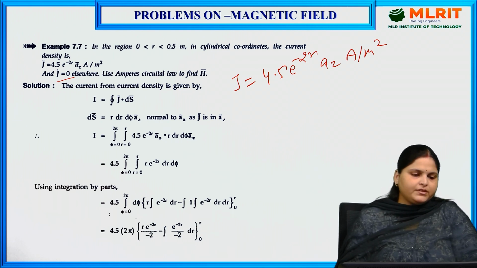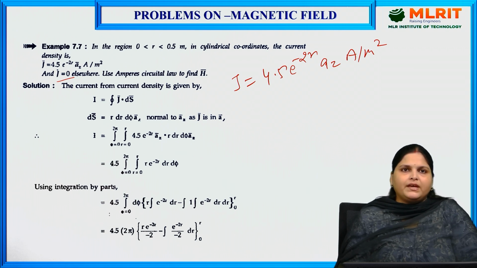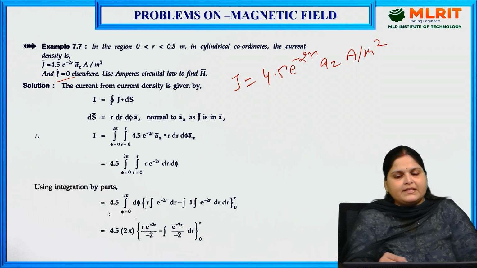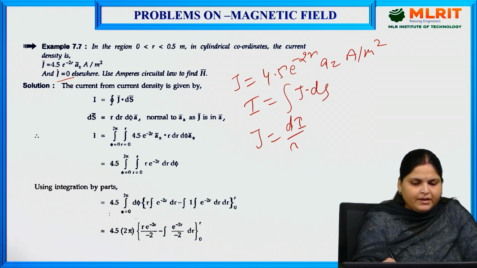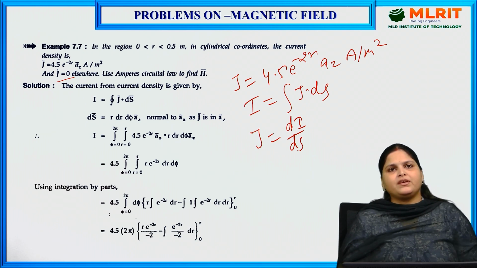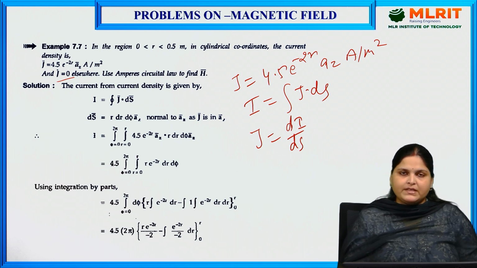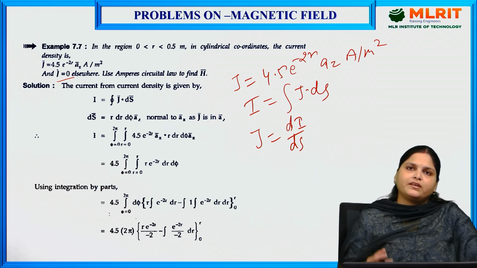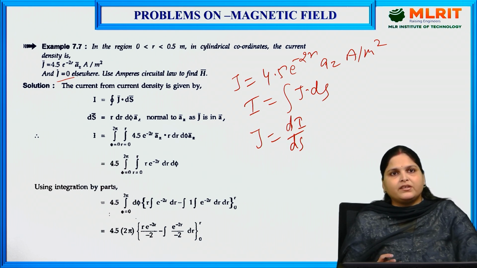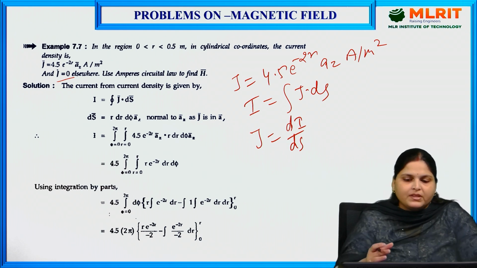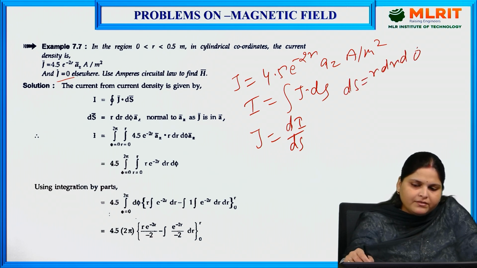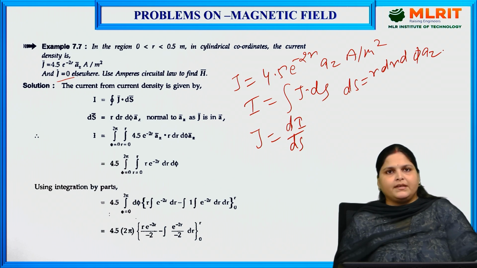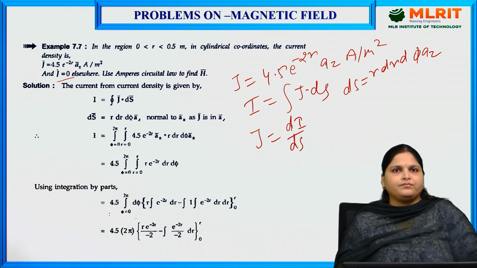So let's solve it. The equation for the current by using current density is I equals integration of J dot ds, as we know that J equals di by ds. So we can write I equals integration of J dot ds. What is ds here? Because we are considering the cylindrical coordinate system, when r is given, r is constant, and that surface is r dr d phi az, right?